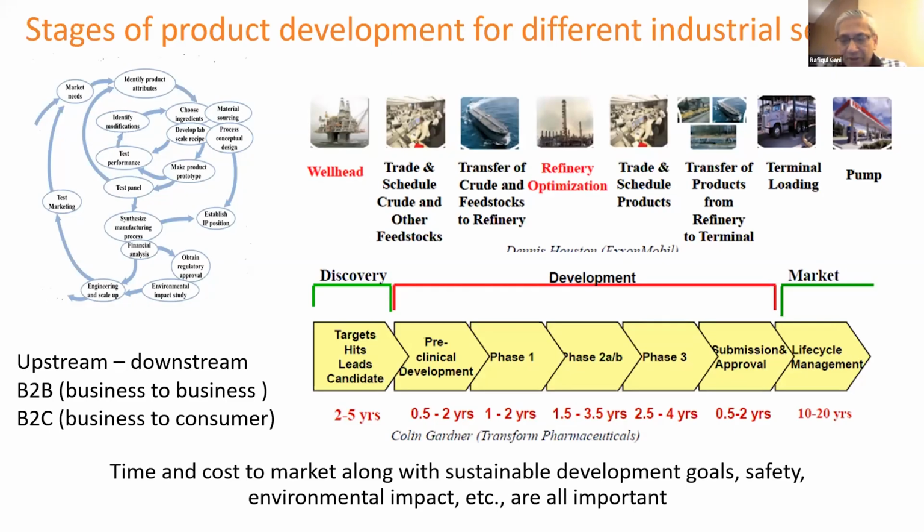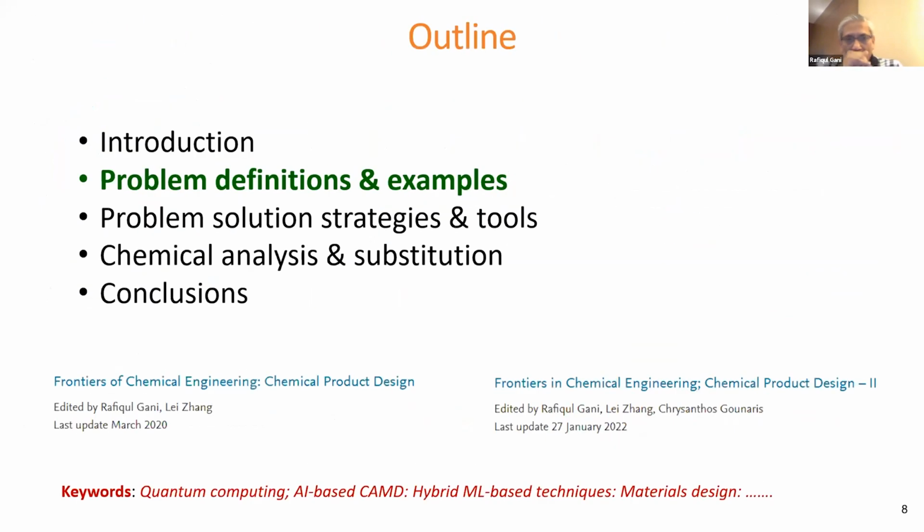So with this introduction, I will move on to problem definition and examples. Many of the things that I'm going to show have been reported in these two special issues on chemical product design that I actually guest edited for the journal.